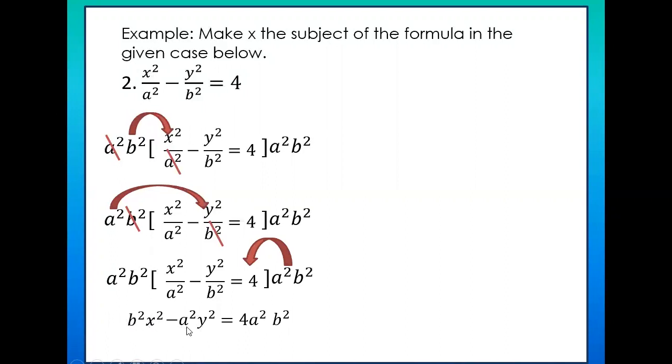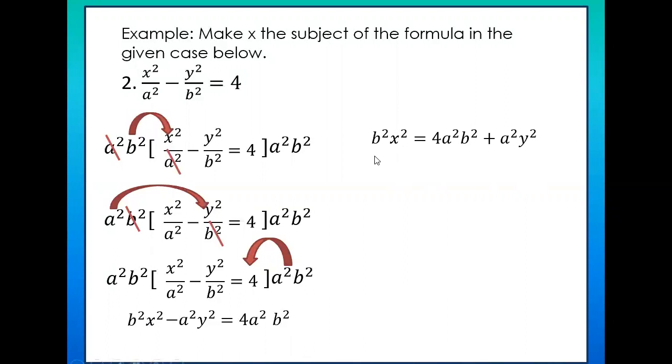First thing, we have to remove this one from the left-hand side of this equation. We can do that by adding a squared y squared to both sides. Or you just simply transpose this one to the other side of the equation. Okay. So hopefully you understand that part of the explanation.